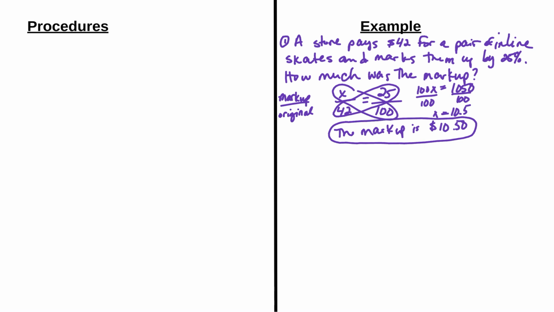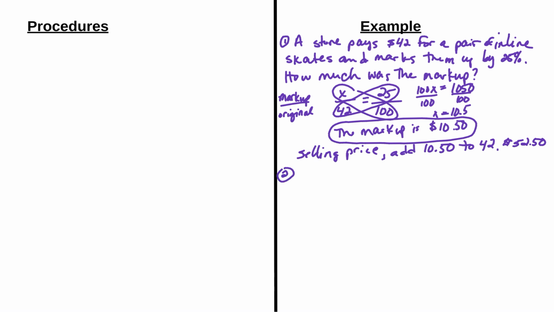Something to consider is that if I wanted to know the whole or the selling price, that's going to come from adding to the $42. Add $10.50 to 42, and the selling price would be $52.50. We weren't asked for that, but that's where it would come from.